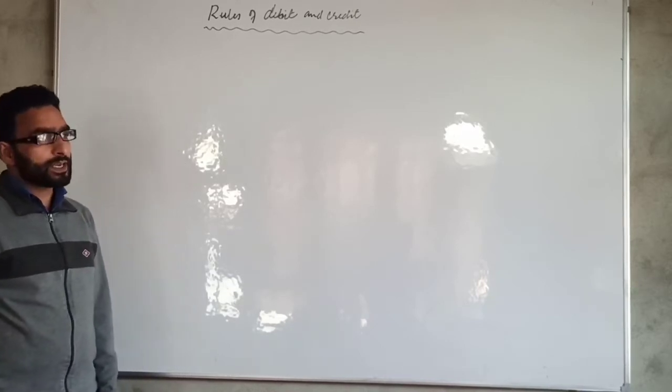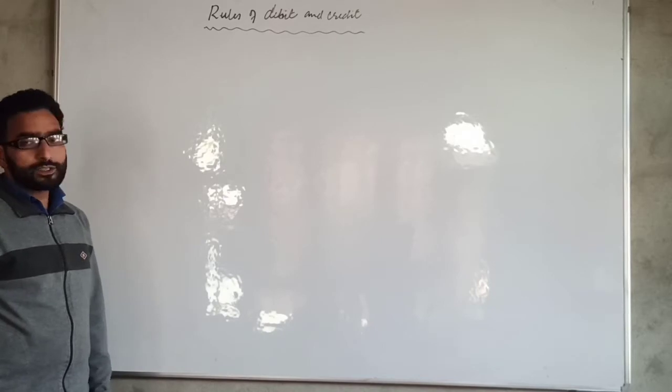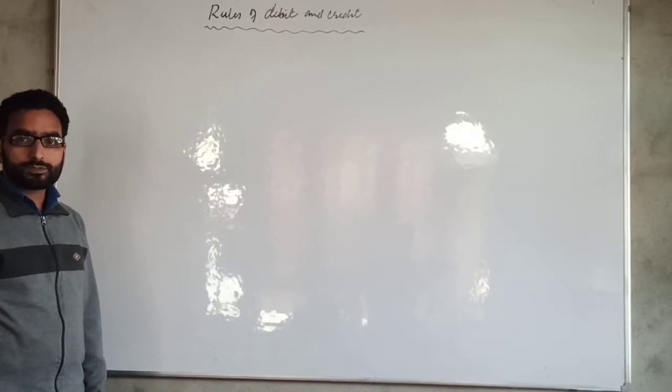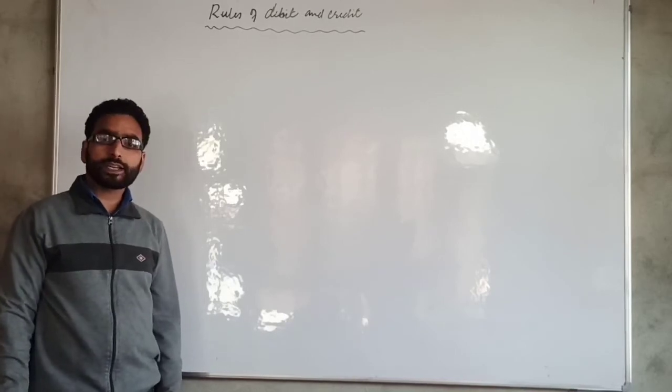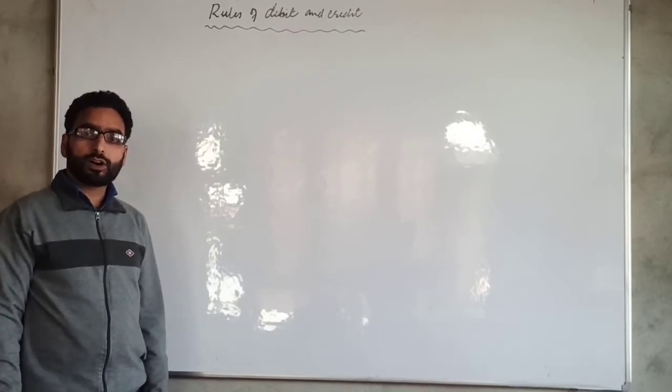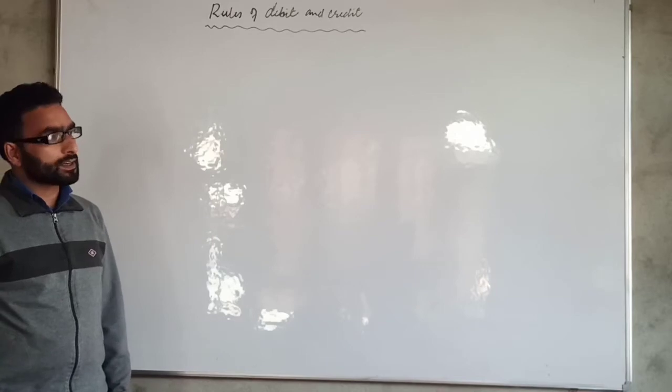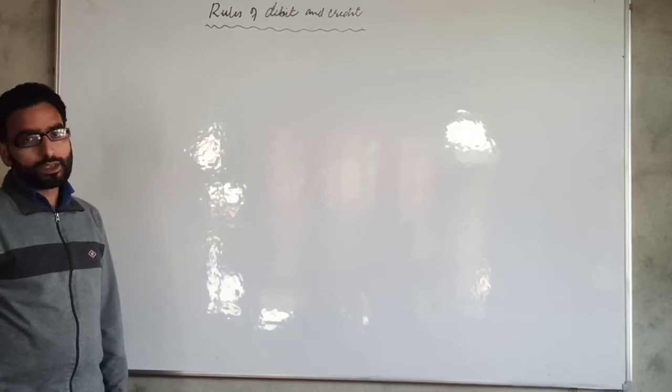Debit is used for the left hand side and credit is used for the right hand side of an account. Every account has two sides. The left hand side is called the debit side, and the right hand side is called the credit side.